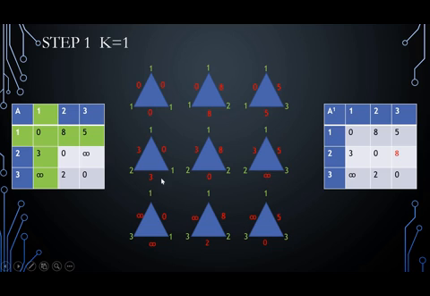Now I am supposed to put the values of A of ik, right? Left side represents A of ik. 1 to 1 is a 0. Here it is 2 to 1, 3. 3 to 1, infinity.